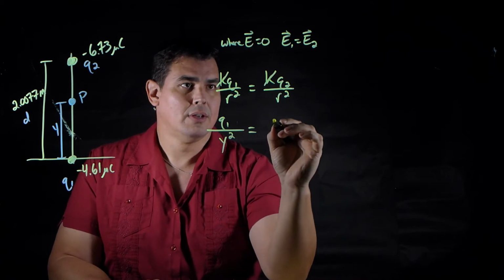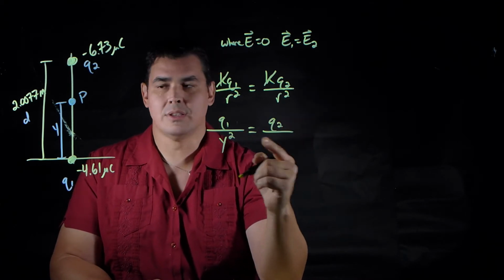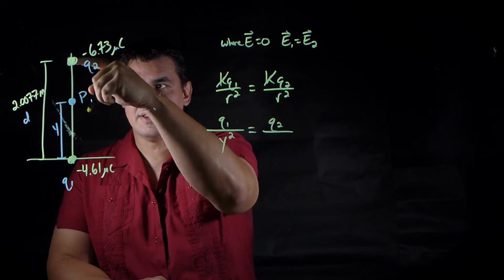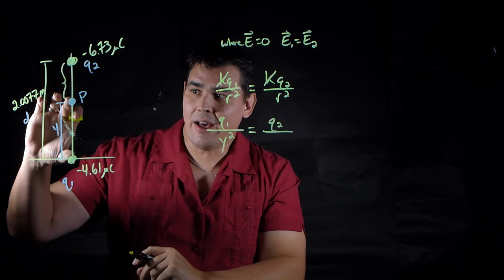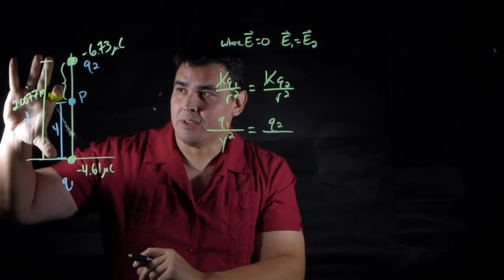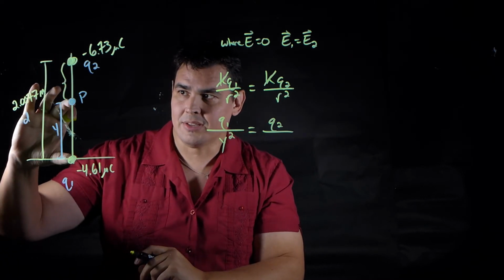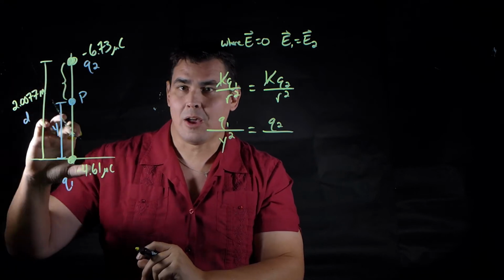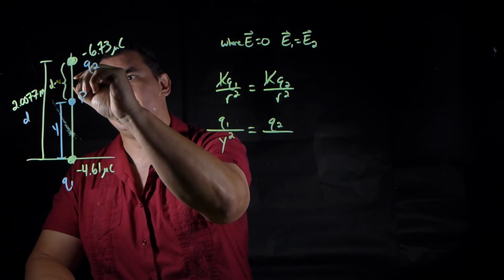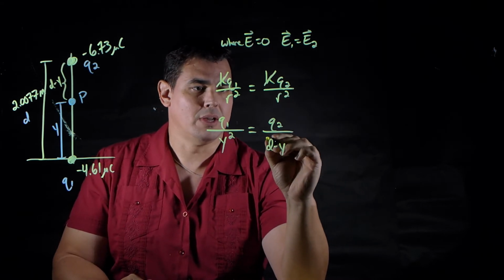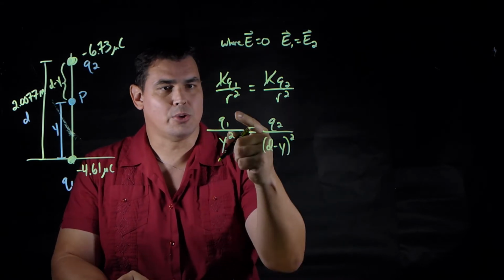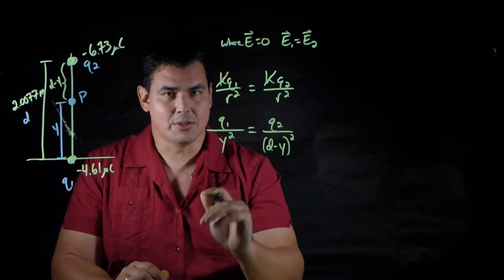And then Q2 is over this distance here, right? That distance I can find from the difference between the distance between the two charges and this distance. If I subtract those two, I'll be left with that distance. So I'll call this D minus Y, so D minus Y squared, right? So Q over R squared, Q over R squared, set those equal.